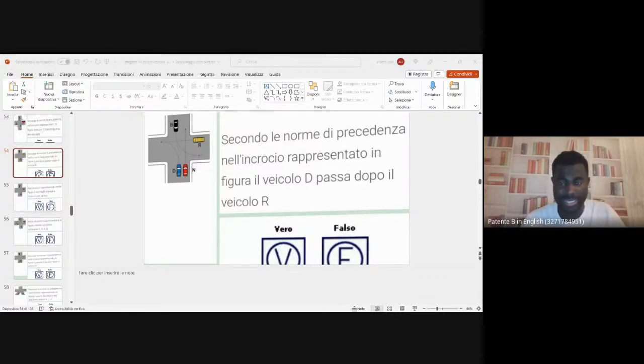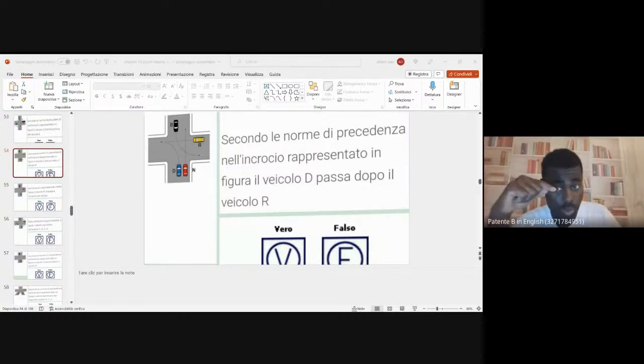So the question says that according to the rules of the right of way in the junction figured, the D passes after the R. The D goes or passes after the R. And guys, the answer to this question is vero, because the B will move and stop in the center of the junction.